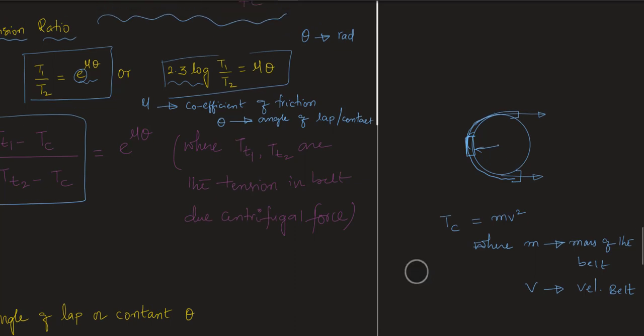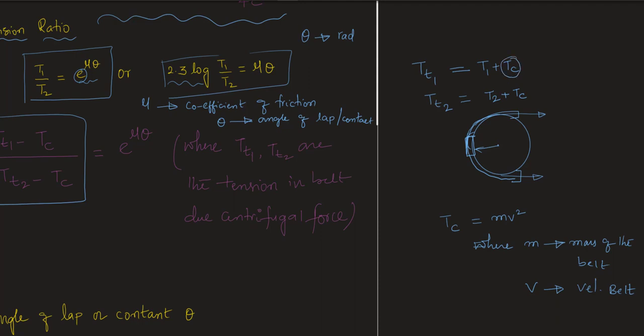So, centrifugal tension: here capital T1 is the total tension on the tight side, that is T1 plus Tc. Then capital T2 is the tension on the slack side along with centrifugal tension.